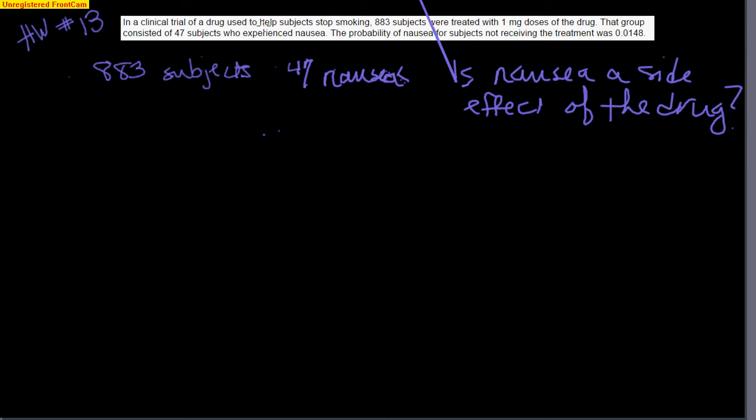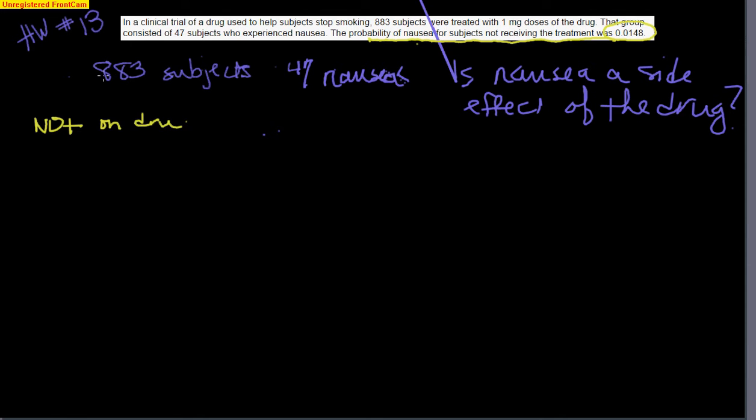And in the control group, the people not getting the drug, the probability of being nauseous for subjects not receiving the treatment was 0.0148. So we're going to look at people not on the drug.